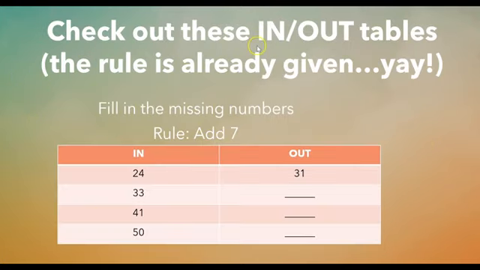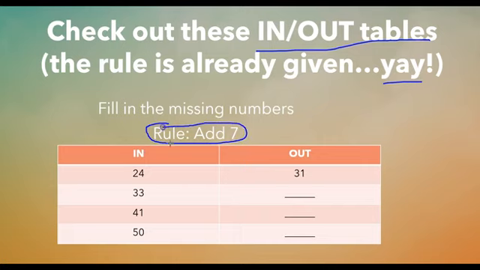Okay, now it's time for our in and out tables. So here we are given the rule. Yes, we don't have to figure out the rule. The rule here is add 7. So if I've got an in number, my out number is I apply the rule to my in number. So 24 plus 7 is 31. 33 plus 7, I would fill in my blanks here.